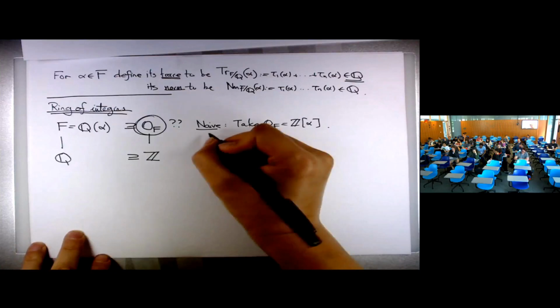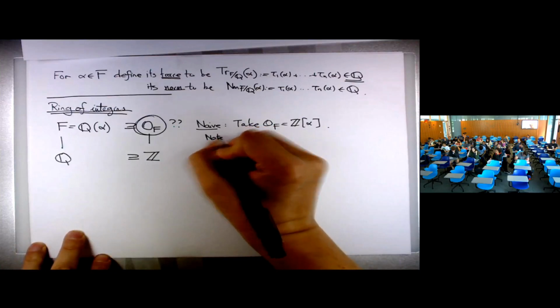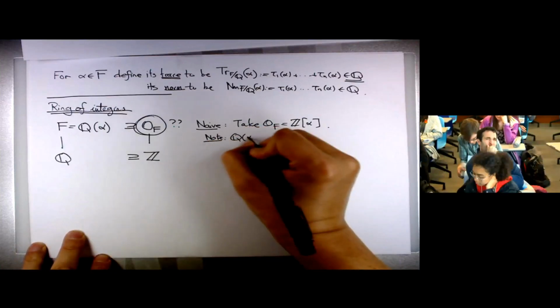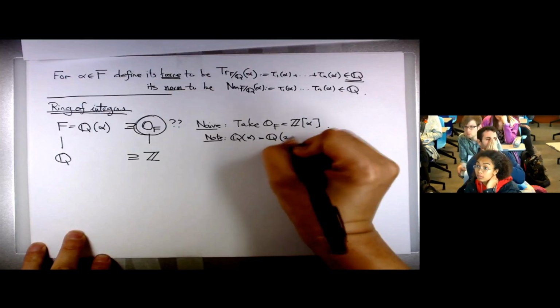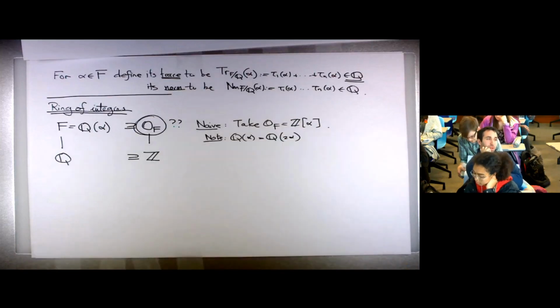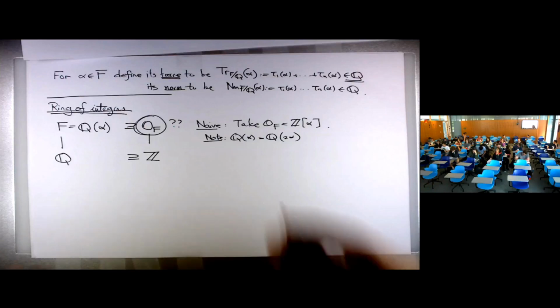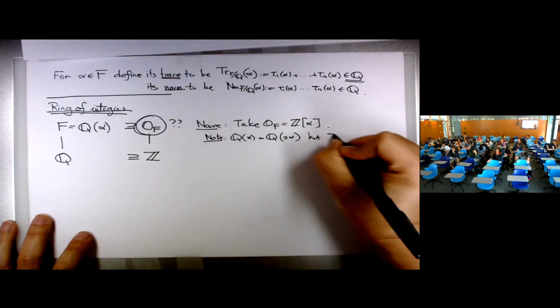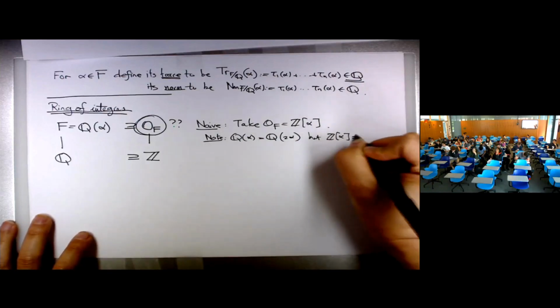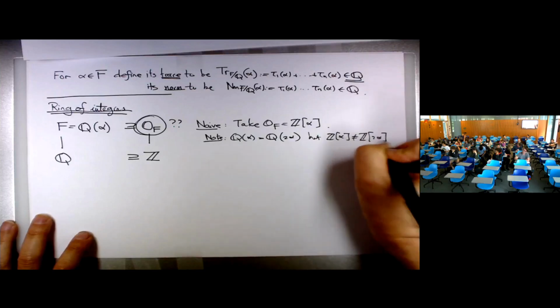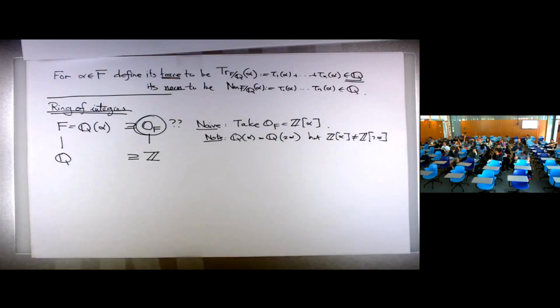Note that Q adjoin alpha is the same as Q adjoin 2 alpha. You can either join alpha or 2 alpha to Q, and you're going to get the same field. But of course, Z adjoin alpha is going to be different from Z adjoin 2 alpha. If you were to define it this way, the ring of integers would depend on the choice of the generator alpha.